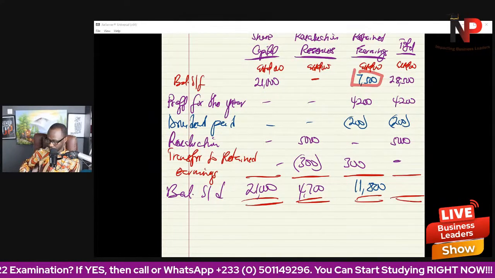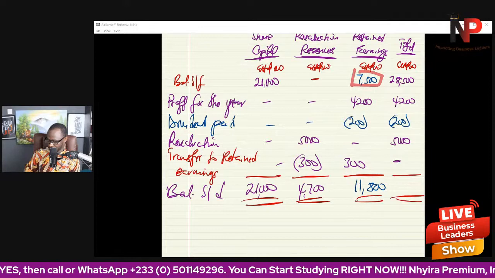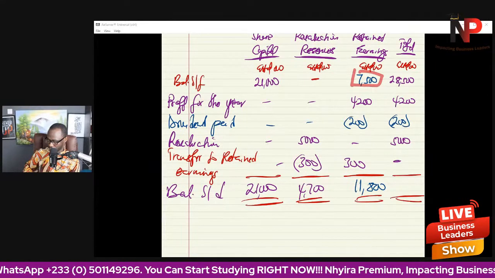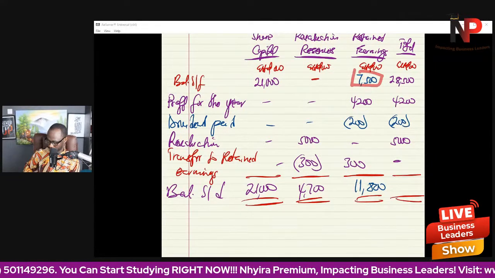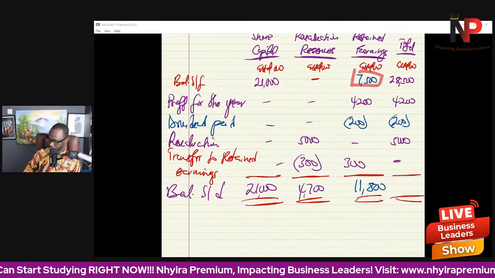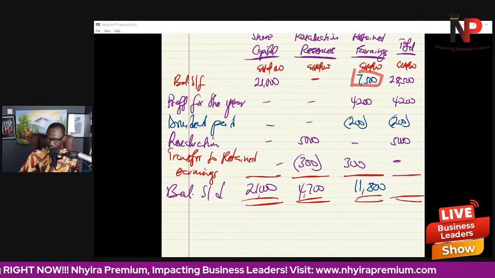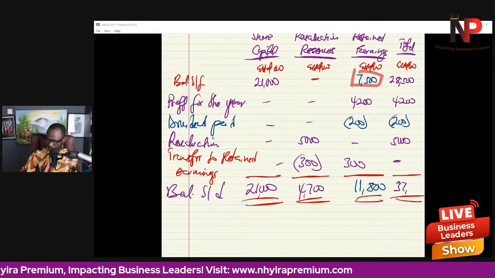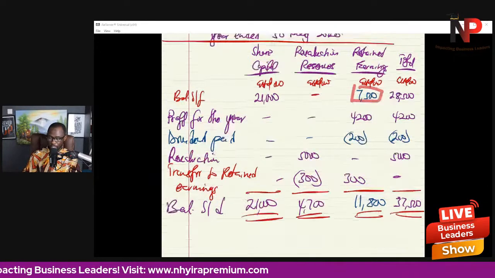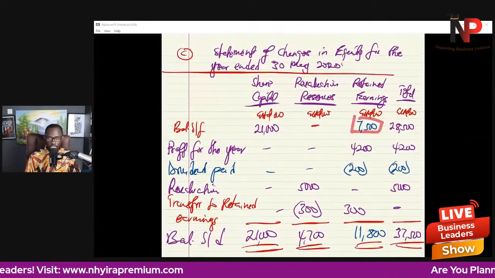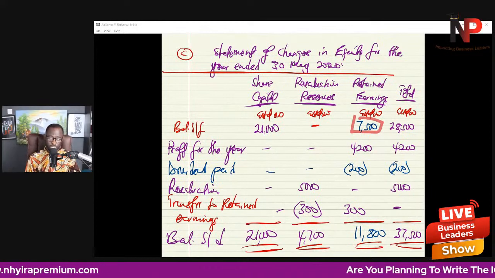And then 28,500 minus 200 plus 5,000, 37,500. No, this is not the workings. This is requirement C, statement of changes in equity.